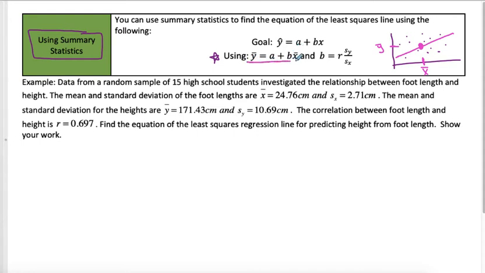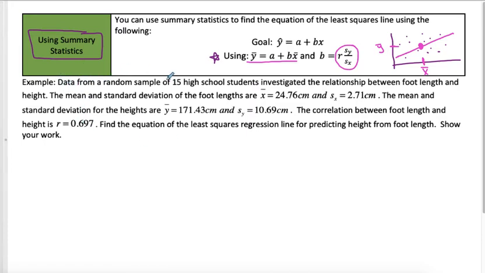We're going to use this to our advantage. And our slope can be found using the typical variation in Y over X times our correlation. So if we know the averages and the standard deviations with R, we can find the equation. Let's see how we can do this with summary statistics.